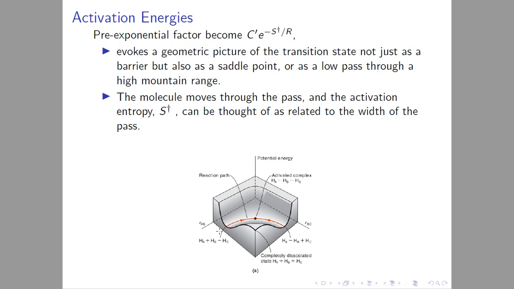The reaction will take the lowest energy, this lowest pass, from A plus B becoming C, or A to B. The S dagger, or the entropy, can be related to the width of the path. If S dagger is high, then it is much easier for the reaction to occur from A to B.